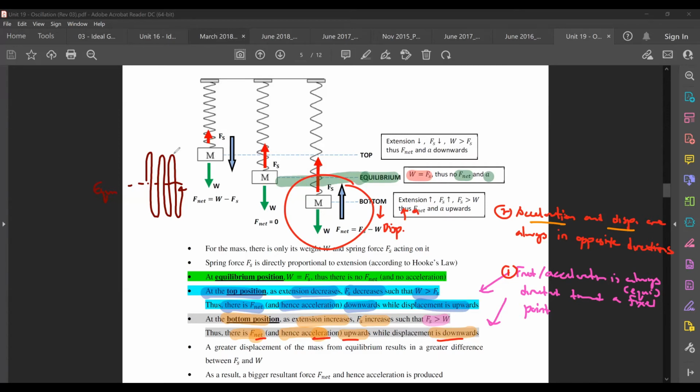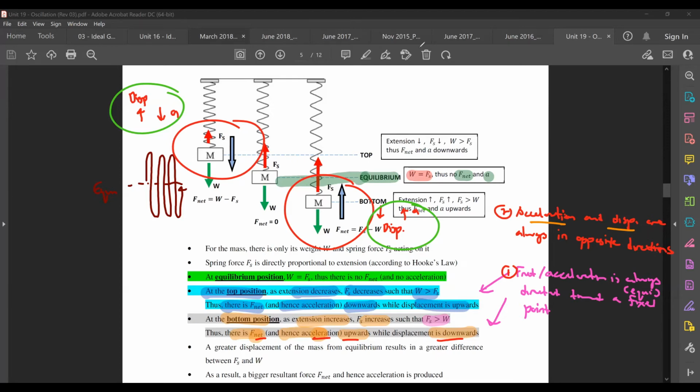And then you look at the top position, my displacement is upwards, but my acceleration is downwards. So you see, it is correct to say that displacement and acceleration are always in opposite direction here, as well as saying that acceleration is always directed towards a fixed point. Okay, so this is what the second criteria of simple harmonic motion actually means.